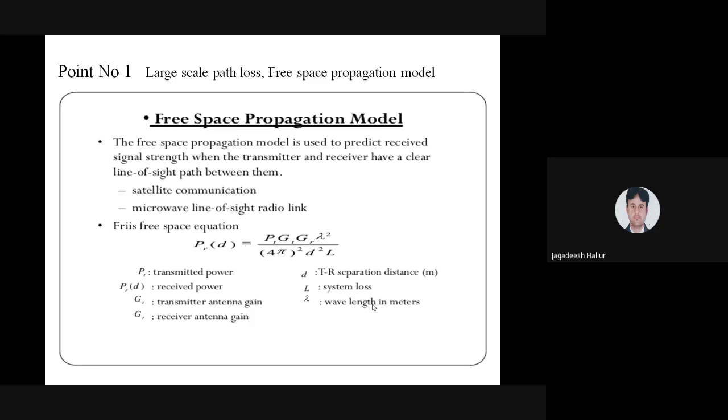Pr of d is equal to Pt Gt Gr lambda square, whole divided by (4 pi) whole square d square into L. Write down this formula. Based on this, we are going to calculate the numericals. Only the equation you have to write.